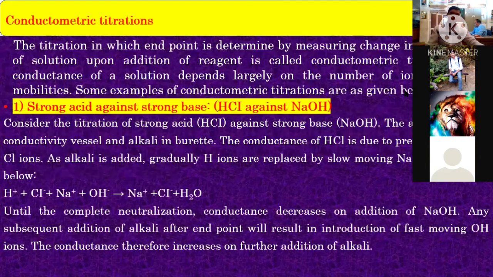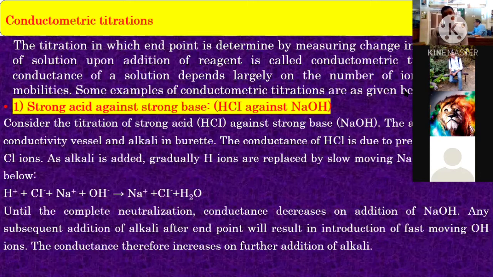Okay, then the next part of this electrochemistry is the conductometric titration. This titration was discussed in the previous lecture or in the first semester. What is the conductometric titration? You will study it practically in your fifth or sixth semester. Today we'll discuss only conductometric titration.